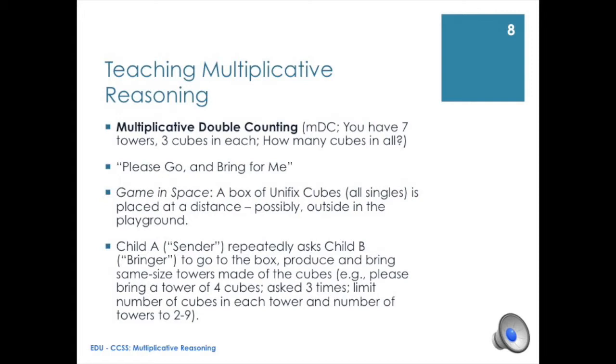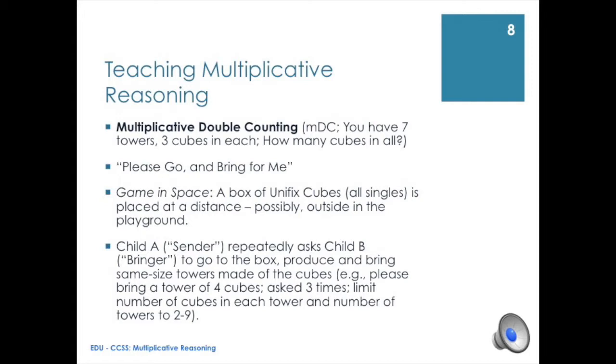So there's only one place where you can connect these cubes together. They're distinct from multi-link cubes where you could build different types of patterns out of the cubes. These you would build towers or snakes or trains or whatever frame you want to use to talk about what a stack of these cubes might refer to. But for our purposes, we'll talk about towers that kids can make out of these cubes.